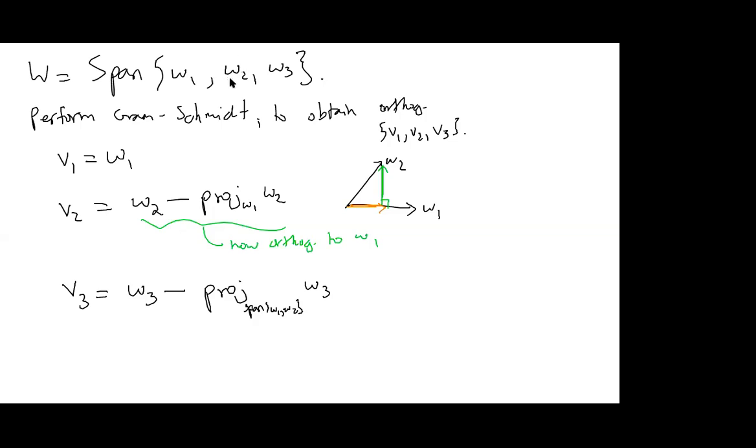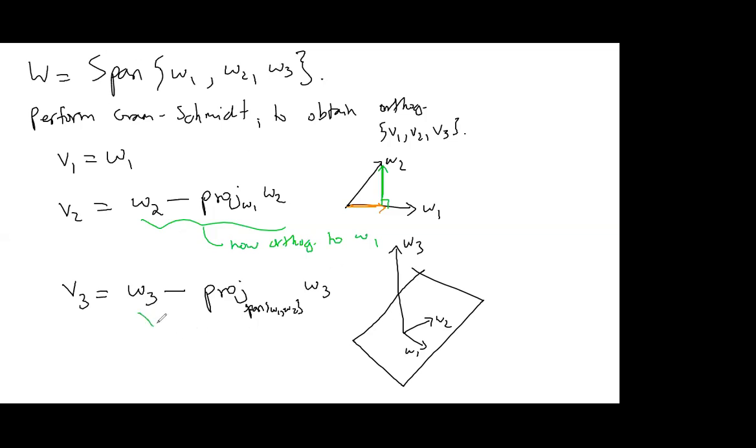Right, so the picture is now three-dimensional. So we have a space. Here's maybe W1 and W2. And we have some other vector, W3. And it's not necessarily orthogonal, but if we subtract off the projection onto this span of the first two vectors, we do get something orthogonal.